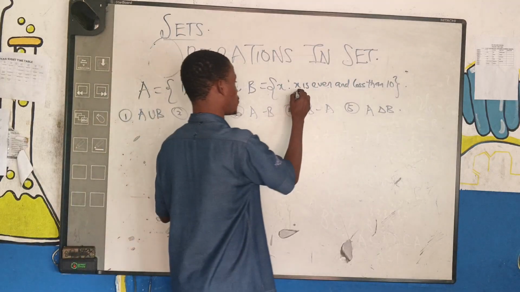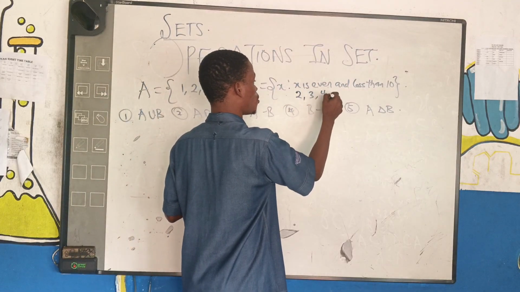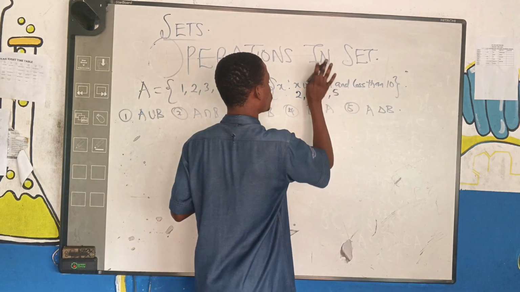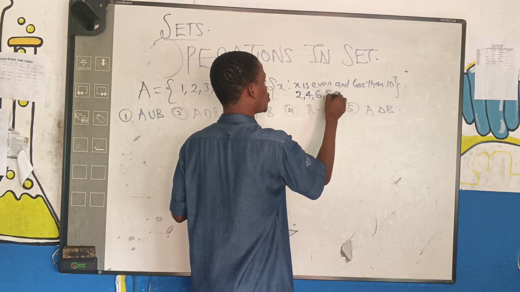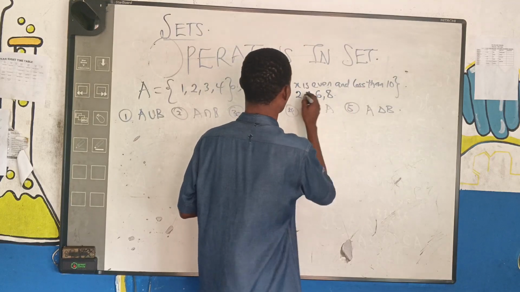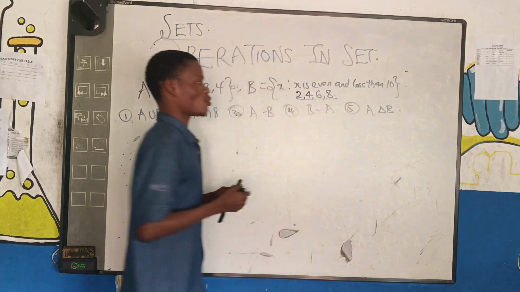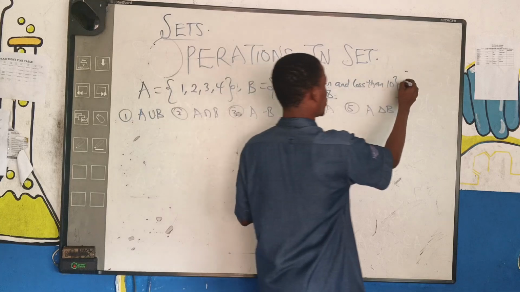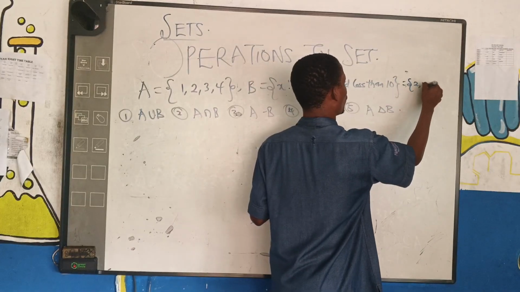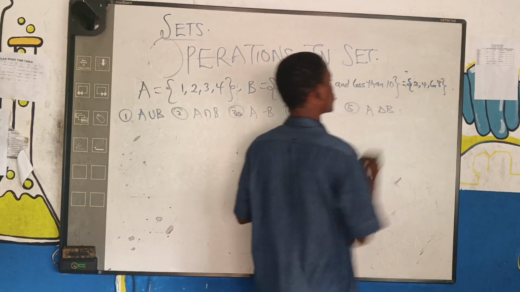So we have 2, 4, 6, 8. Less than 10, so 10 is not in the set. Those are the elements in the set, so I'd better write it this way: 2, 4, 6, 8.